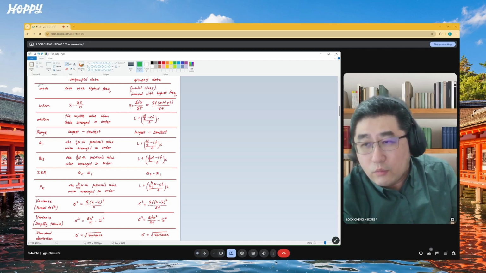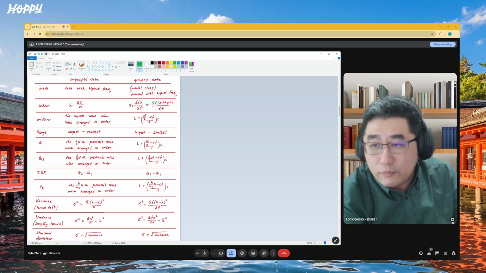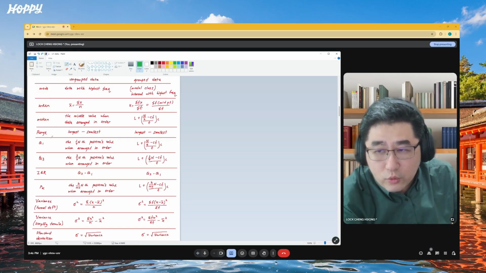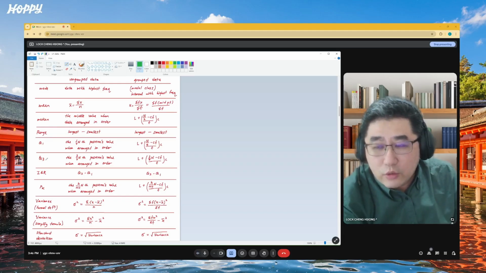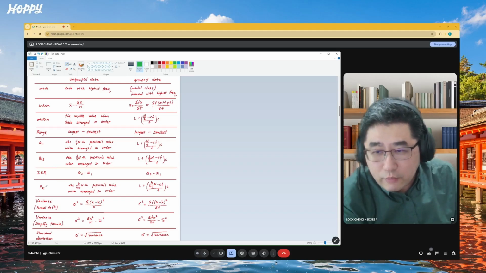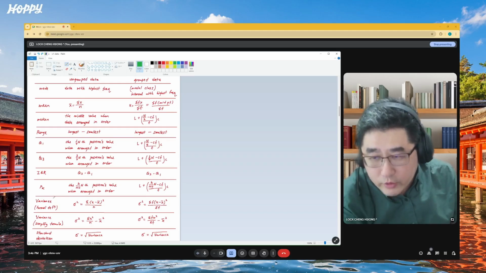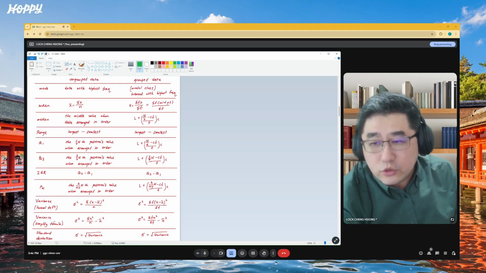You need to know about mode, mean, median, range, lower quartile Q1, upper quartile Q3, interquartile range, and maybe percentile. You need to know variance, the formal definition, the simplified formula, and standard deviation.